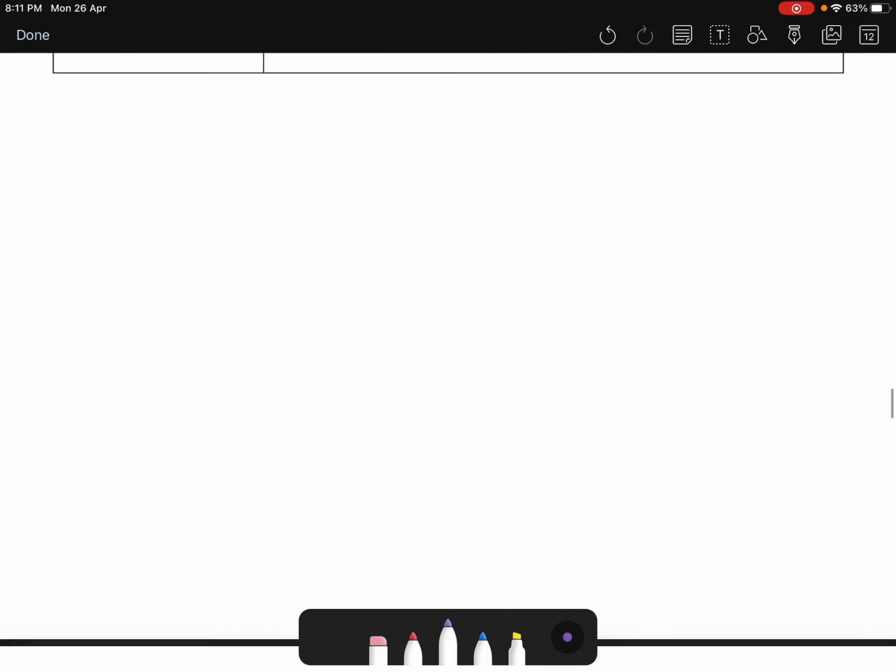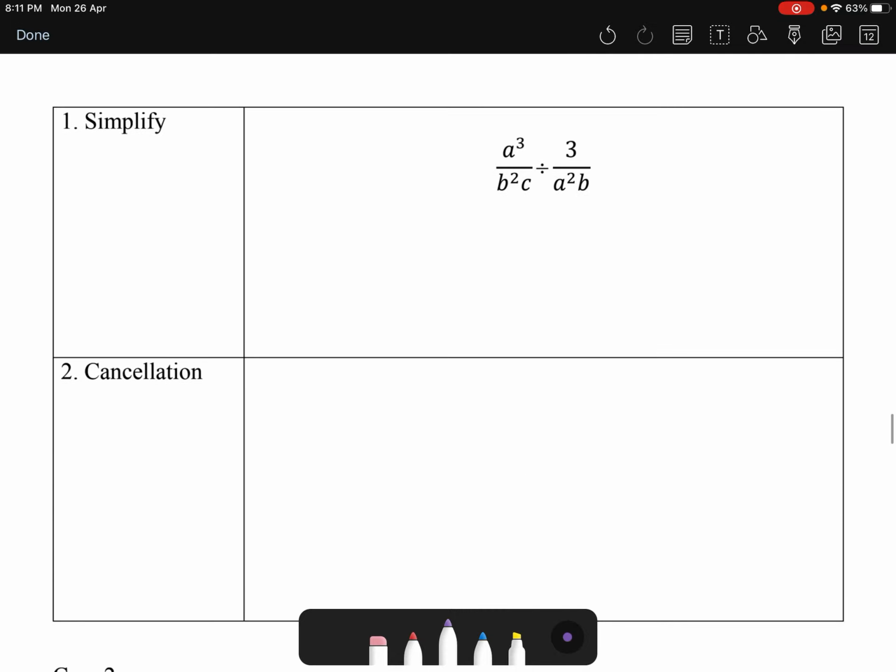Let's move on to division. When we have division, what should we do? Same thing, first we simplify. But for division, before that I need to change my division sign to a times sign. How do I change? This one is quite simple: I need to flip the second term. The first term is a cubed over b squared c.